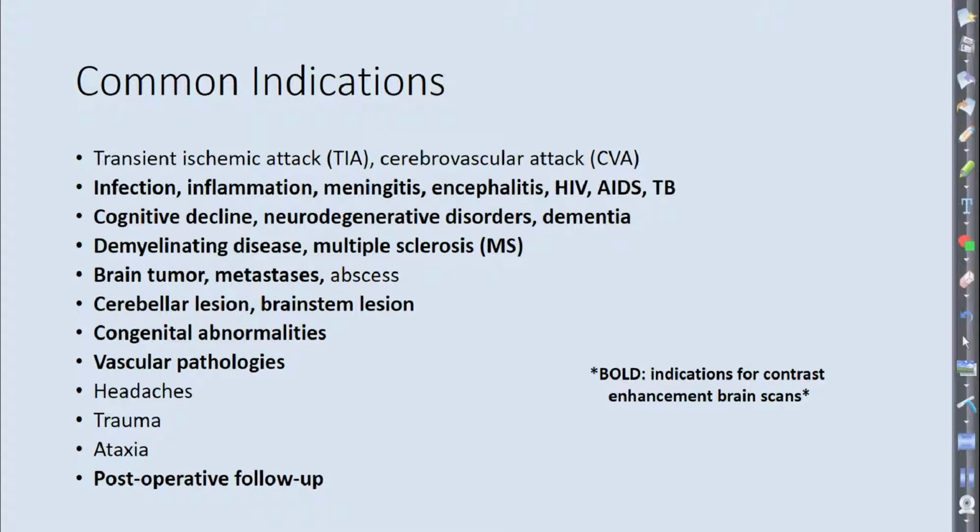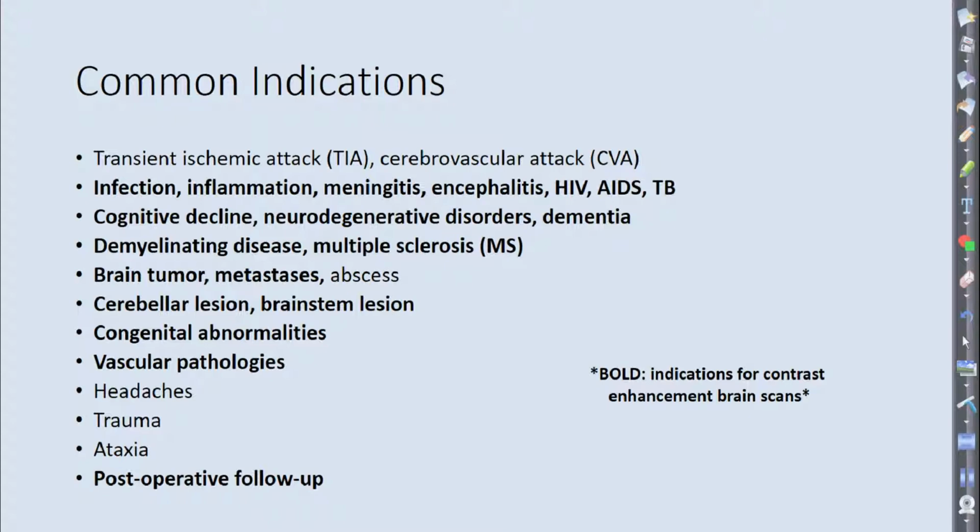You'll be amazed by how many people come in for an MRI scan just complaining of headaches. Maybe that headache could lead to something else, but a lot of people you'll see come in for just headaches. Trauma, they get in an accident, and they can't rule something out on a CT or X-ray. They might do an MRI.